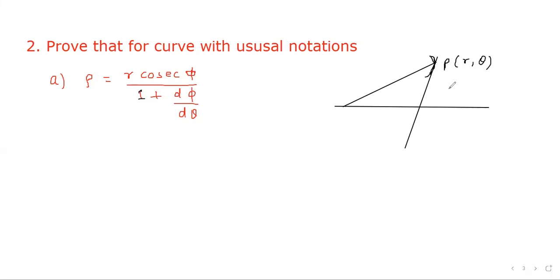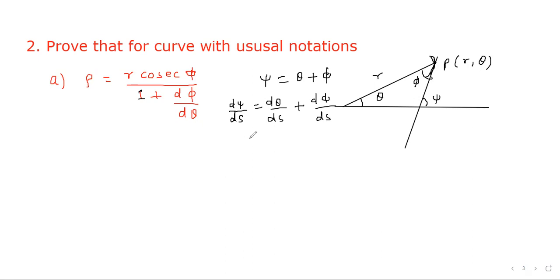This is r, theta, and this angle is phi. This angle is theta, and this angle is psi. So this is r. Here we can use the external angle theorem. So psi equals theta plus phi, and we differentiate it. So d psi upon ds, differentiating with respect to s, equals d theta upon ds plus d phi upon ds.